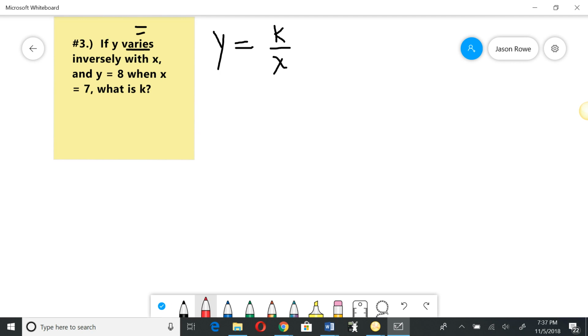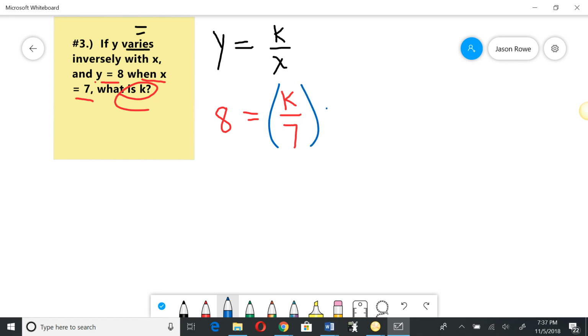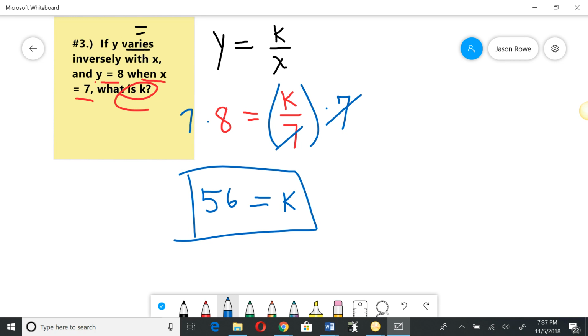And it says here, y is 8 when x is 7. So substitute, y is 8 when x is 7. Find k. So this is just a simple one-step problem. We're going to multiply both sides by 7. And then k will equal 56. And that's all you got to do there, folks.